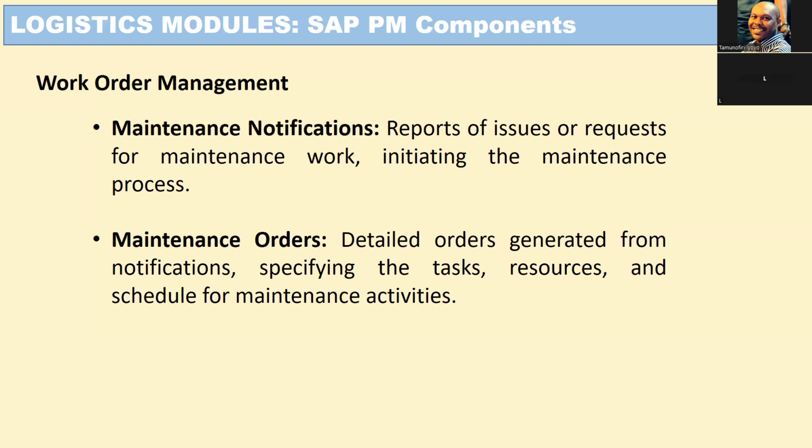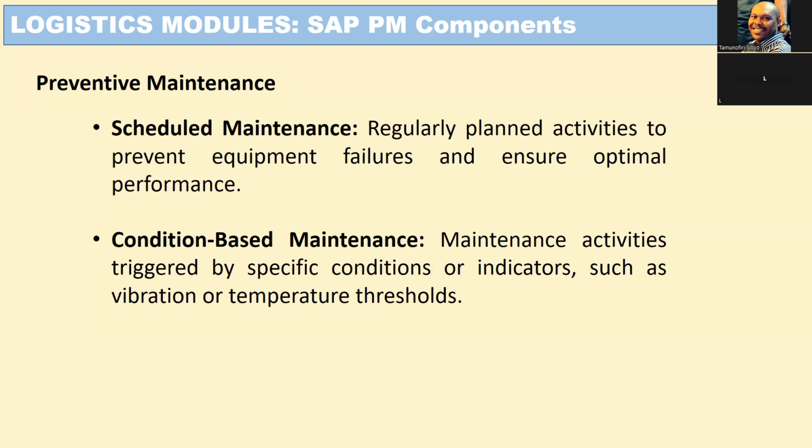Many times these go through a workflow process. For instance, it could trigger after a few months, if you need to change oil on your generators or oil your gears. These notifications can be set in such a way that it reminds those who would carry out the maintenance. Maintenance orders give you detailed orders generated from notifications, specifying the tasks, the resources, and the schedule for maintenance activities.